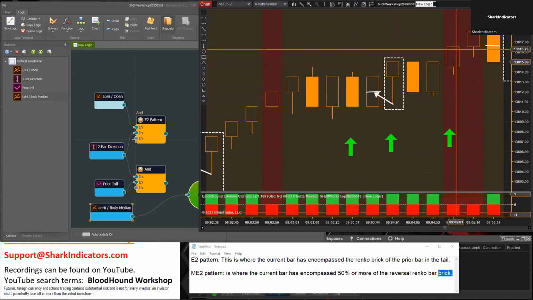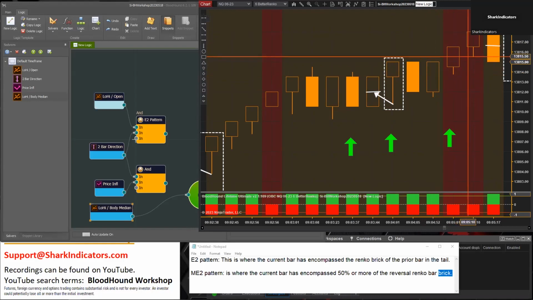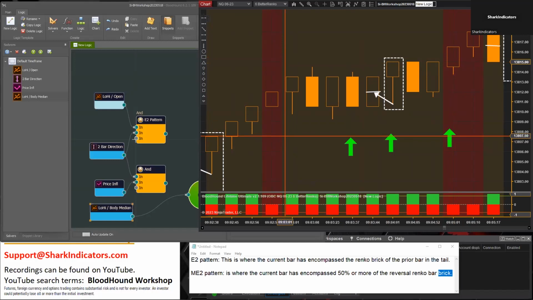On these two continuation bars, we can see that this wick didn't get low enough, didn't get below the body median. And even this one, it looks like it got down to the body median, but it didn't go below it.